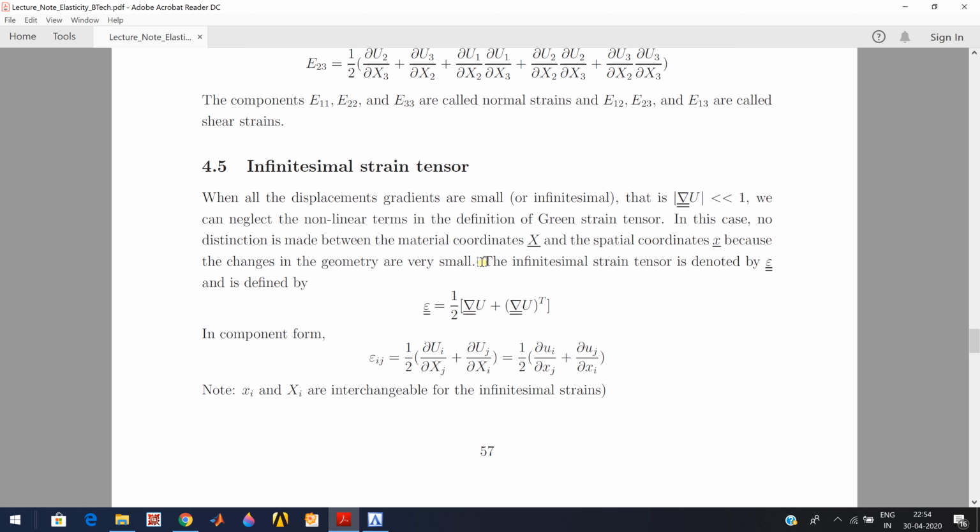As the displacement gradient is small, that means the deformation also is small. So in this definition of infinitesimal strain tensor, there won't be any distinction between the material coordinates and spatial coordinates, because they almost take the same position, because the deformation is small, so the material point is not moving far. So the small x and the capital X can be interchangeable.